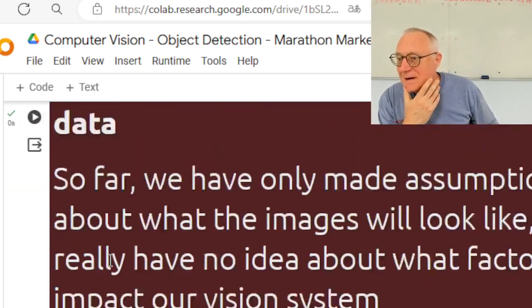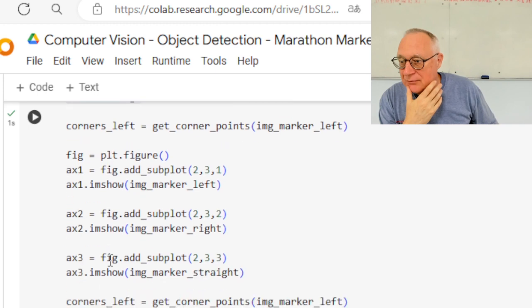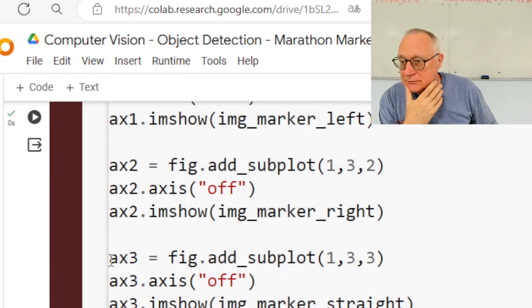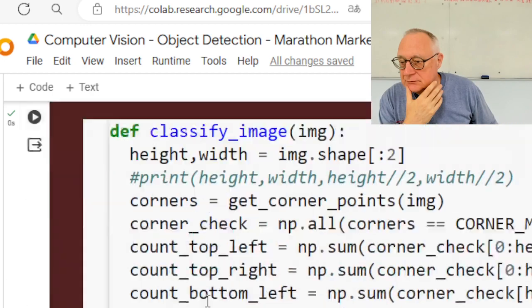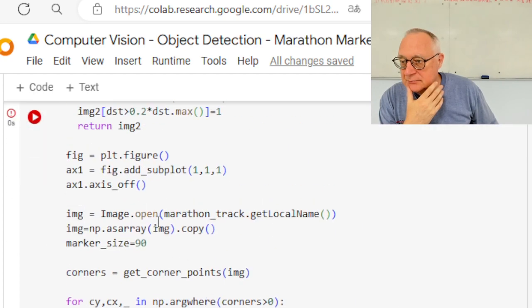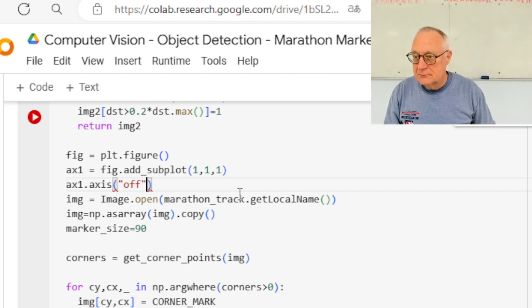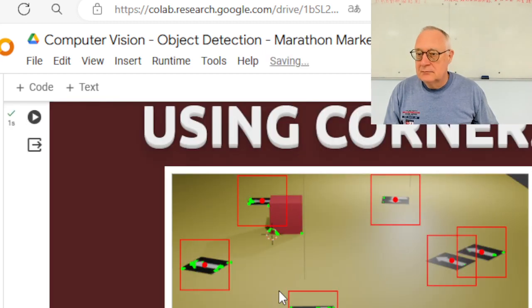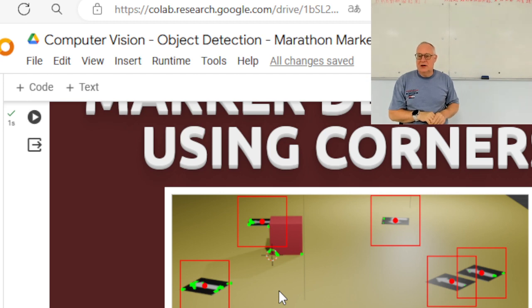So this is what I get for my corner detector.